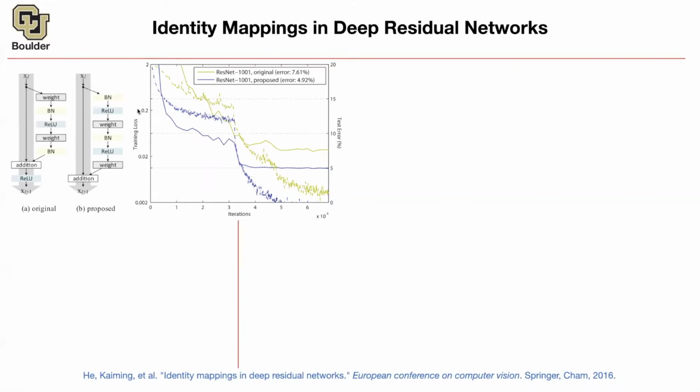Let's take a look at the training loss and the test error. The original ResNet, if you try to train it, this is going to be the curve that you get during your training as the iterations of your stochastic gradient descent are progressing. This is the curve that you get for testing.